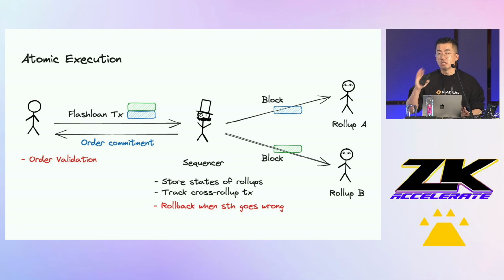But as long as the sequencing layer keeps tracking all these states and all the flash loan or cross-rollup transactions, we can point out exactly where these multiple rollups should roll back. So that's another efficiency that we can get from this sequencing layer architecture.